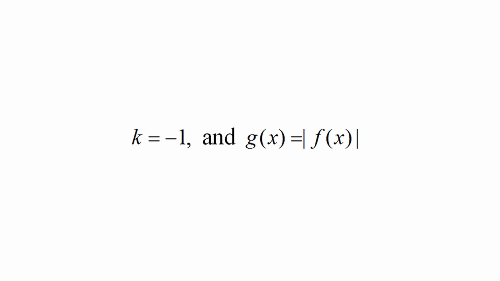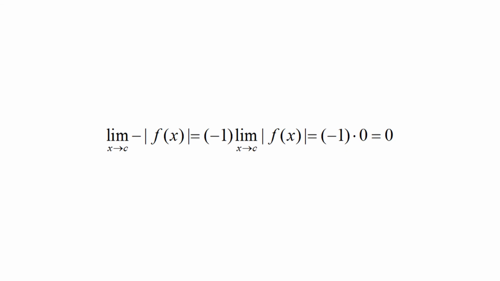Now taking k equal to -1 and g of x equal to absolute value of f of x, limit of negative absolute value of f of x as x approaches c equal to -1 times limit of absolute value of f of x as x approaches c, which is equal to -1 times 0 equal to 0.